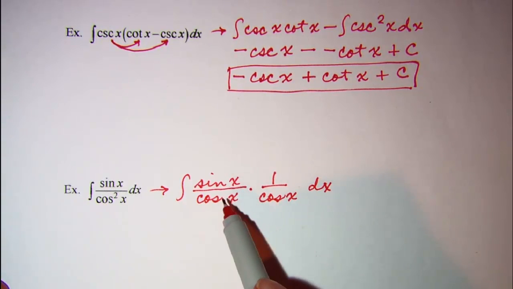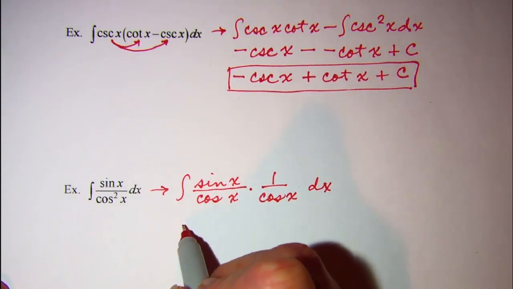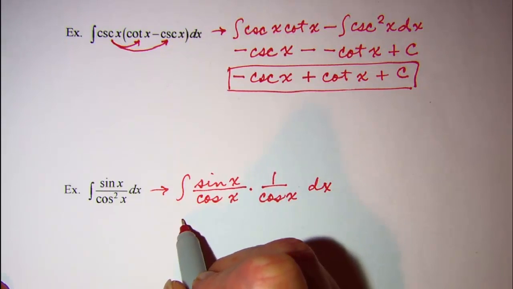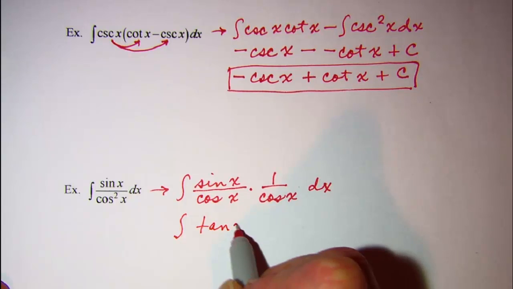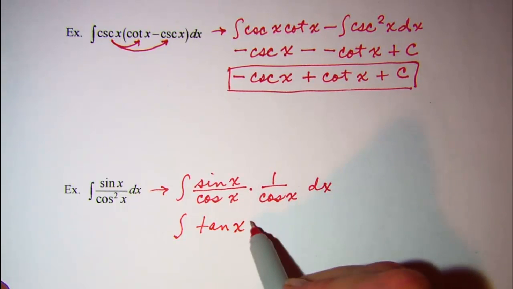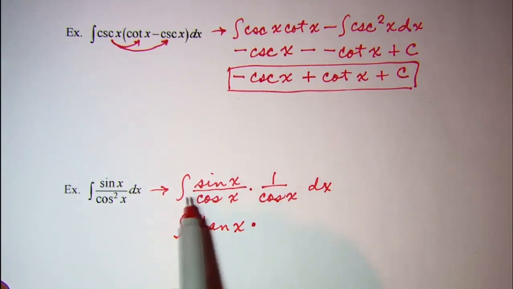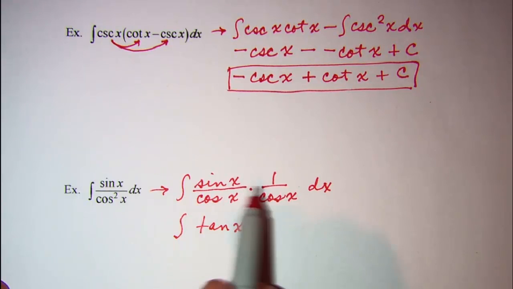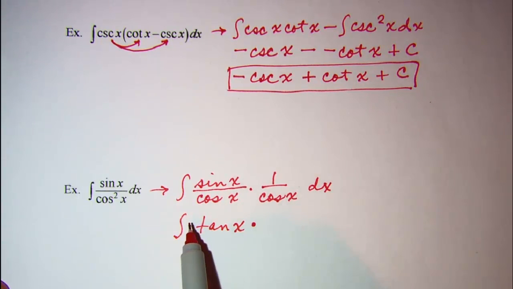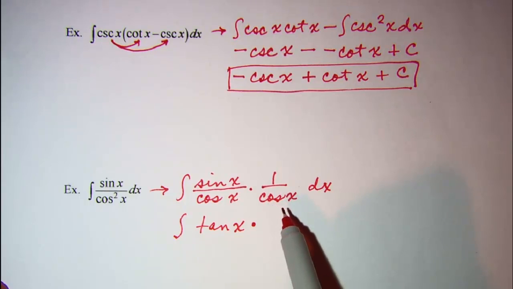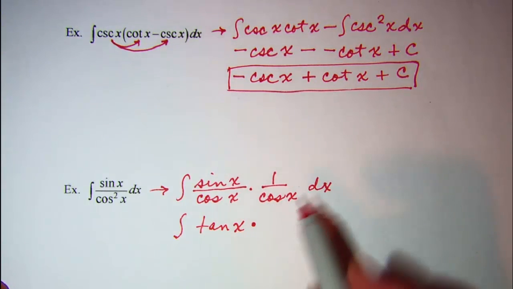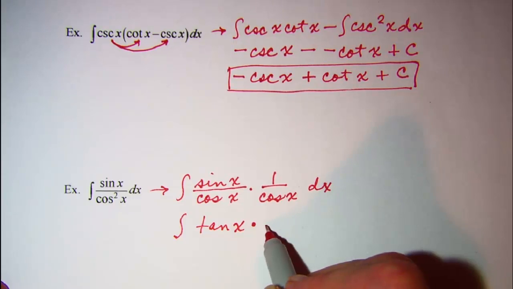So sine x over cosine x we know is tangent. So I'm doing the integral of tangent x, and it's multiplying, so I don't separate the integral. I have to do the integral of tangent times, and then this factor simplifies to secant x, since those are reciprocals.